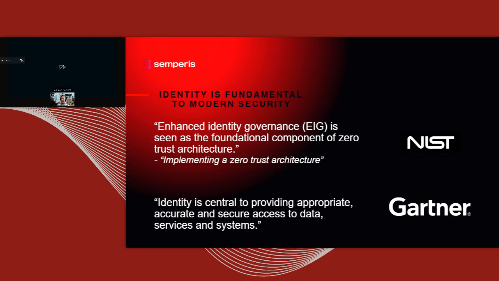But as it happens, even as I'm speaking, the Gartner Identity and Access Management Conference is happening over at the Gaylord Texans in Grapevine, not too far from where I live. They're going to be presenting on Zero Trust in a session tomorrow.